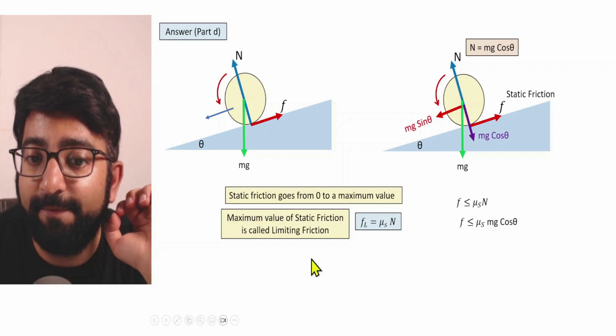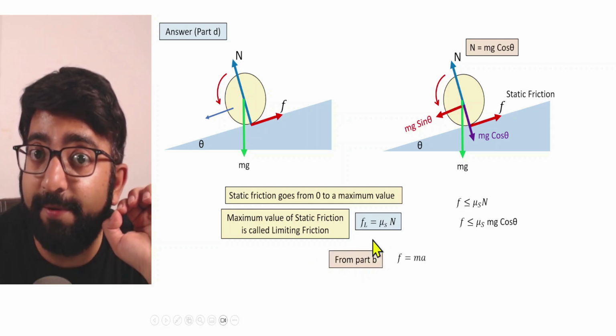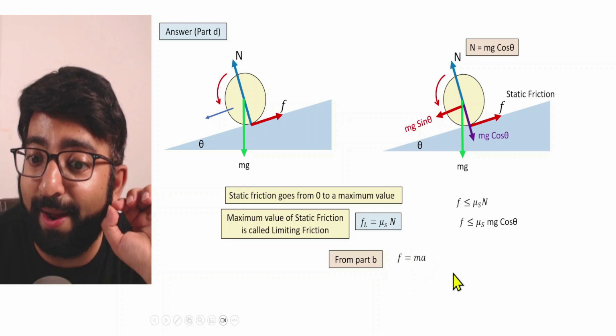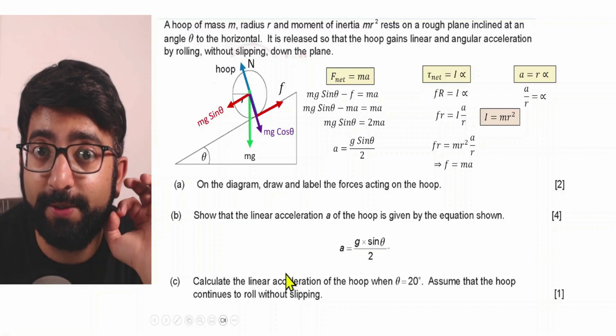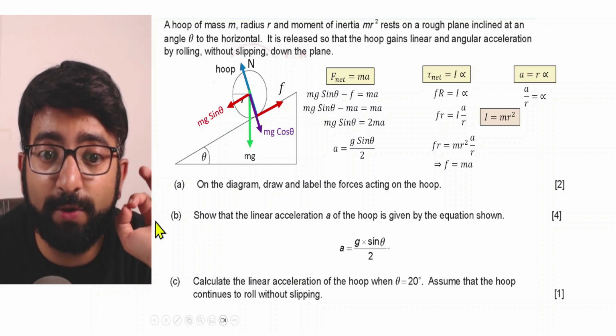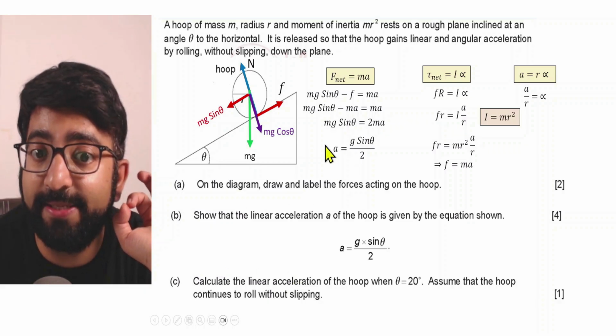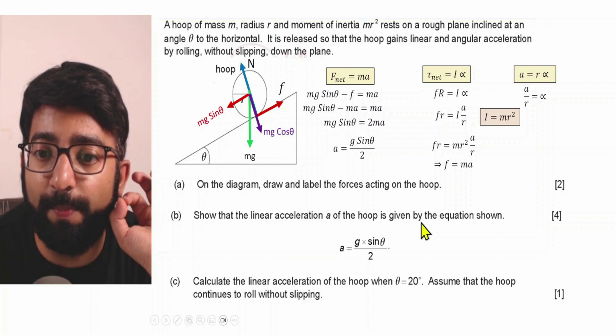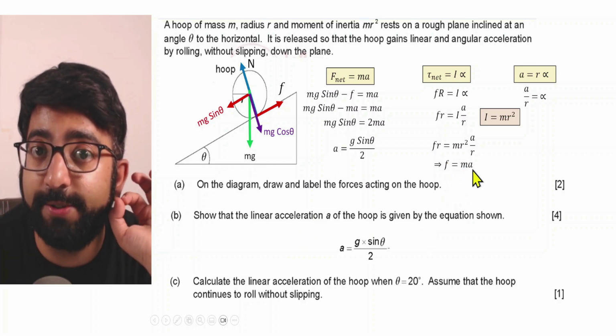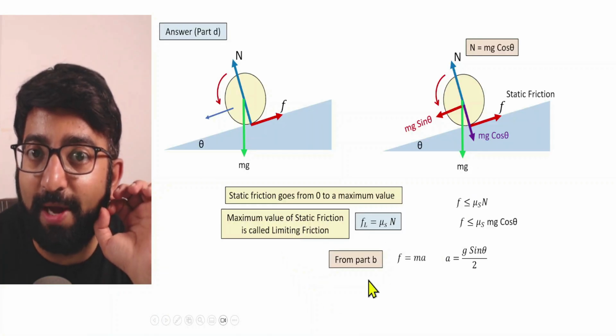But alternatively, we can say that from part B, we had figured out F is equal to ma and a is equal to g sin theta by 2. As you can see in all of this analysis which we had done earlier, for part B, we had figured out a is g sin theta by 2. a stands for the linear acceleration of the hoop, and the value of friction was m into a. And that is what we have mentioned here.